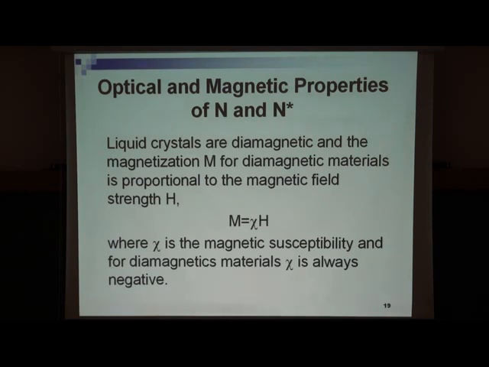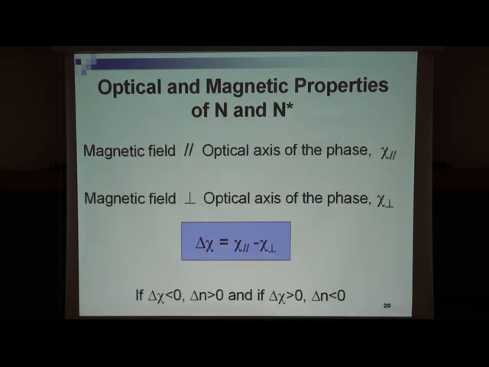And another parameter is the magnetic susceptibility anisotropy. As you know, liquid crystals are diamagnetic, and for diamagnetic materials, the magnetization is proportional to the magnetic field strength. When the magnetic field is parallel to the optical axis of the phase, it is represented by chi parallel, and when the magnetic field is perpendicular to the optical axis of the phase, it is represented by chi perpendicular.